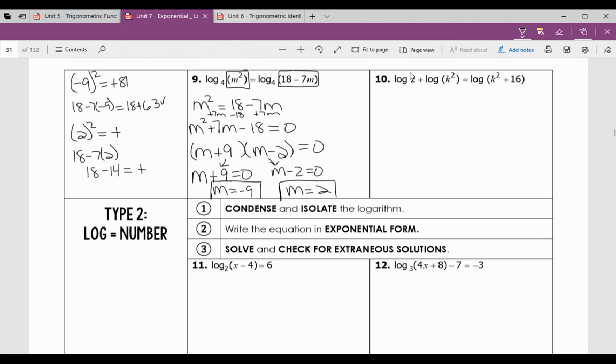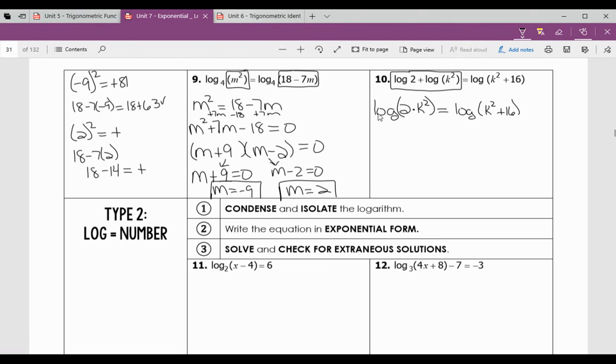Last example. What property do I multiply or divide when I pull these two back together? Multiply. So 2 times k squared. I already have one logarithm on the right, so I don't have to do a property on the right. And I apologize for not putting my groups.